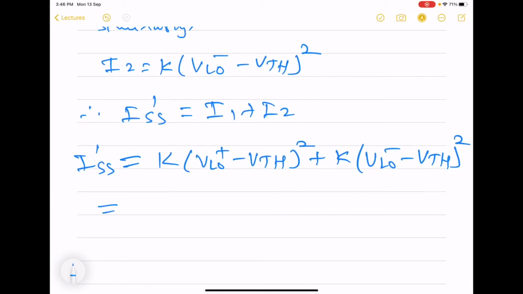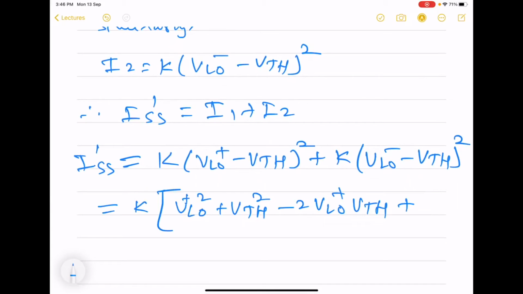Here we can carry out the expansion, and this will be VLO plus whole square plus VTH whole square minus 2 VLO plus VTH, plus VLO minus whole square plus VTH whole square minus 2 VLO minus VTH.